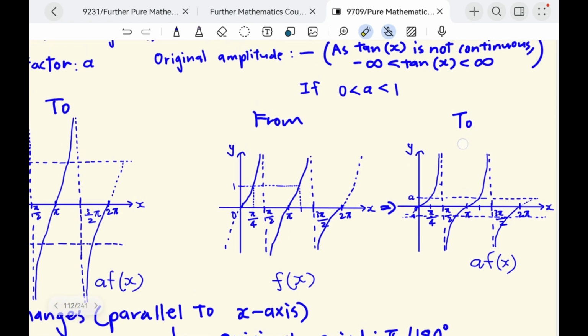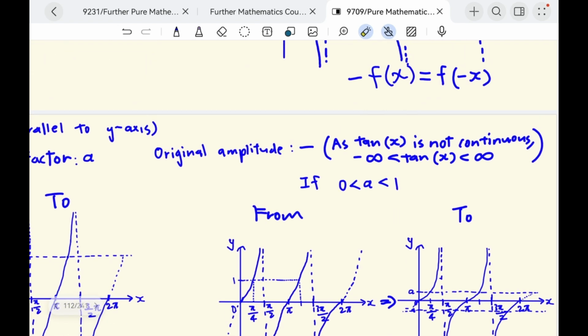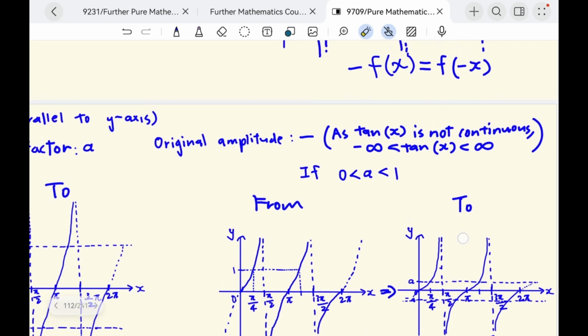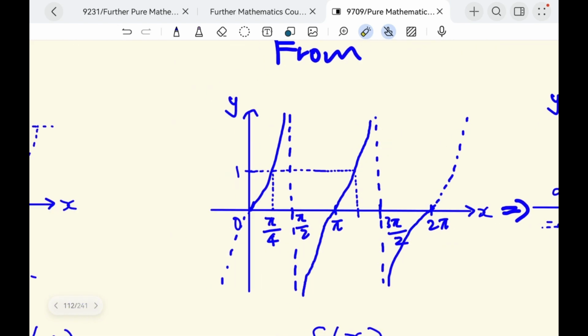Alright? So this is the result of the compression of the amplitude, which means that you diminish the amplitude from its original amplitude. Sorry about that. Since tangent x is not continuous, tangent does not have an original amplitude, but it has the best point to describe that the tangent graph has the stretching transformation.